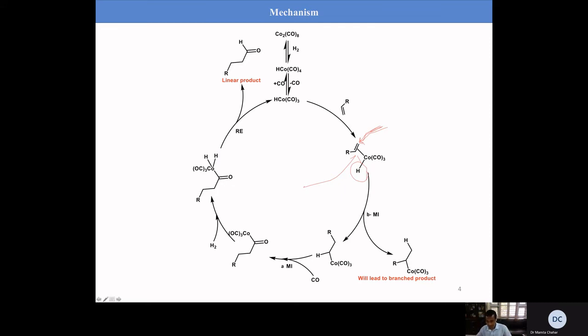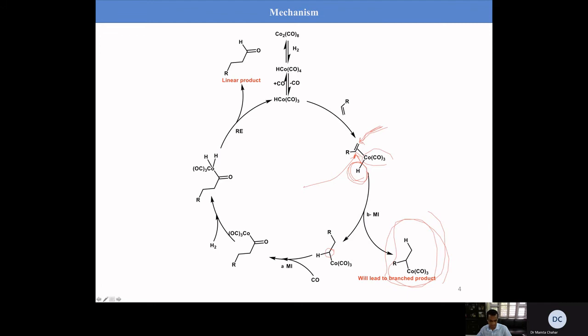If the hydride is transferring over here, then you will get the branched product. But if the hydride is attaching at the internal positions where less hydrogen is there or more bulky substituents are there, that is anti-Markovnikov addition, and then the corresponding carbonyl complex forms at the terminal position.